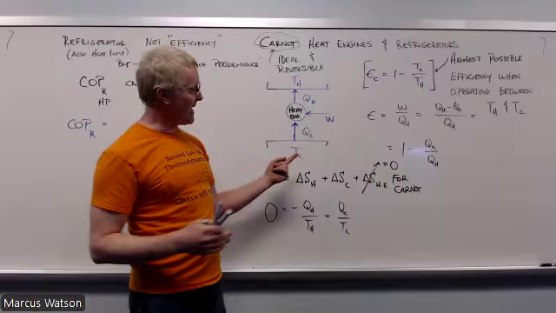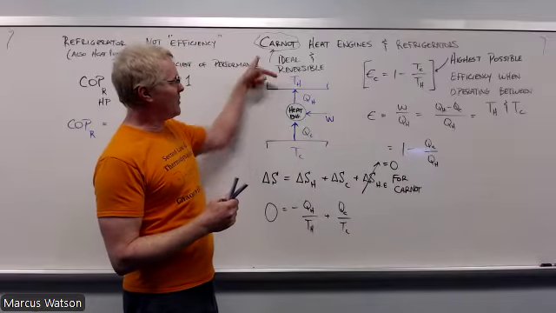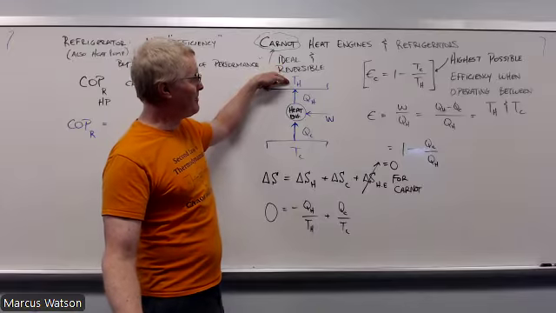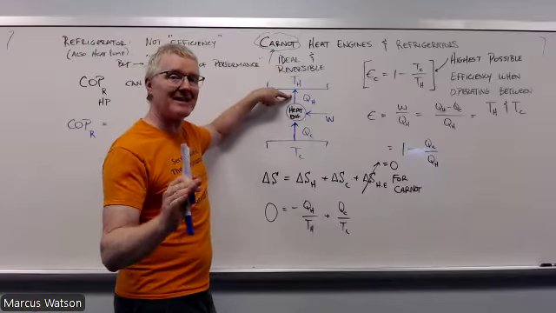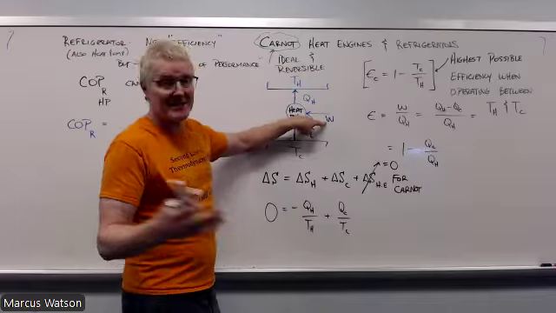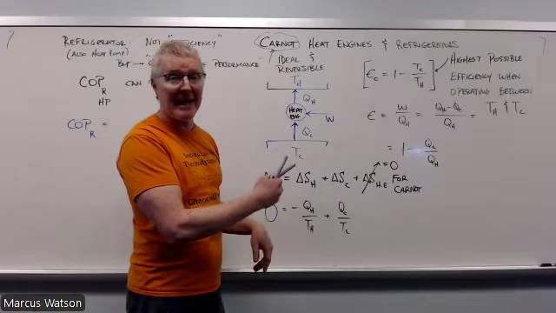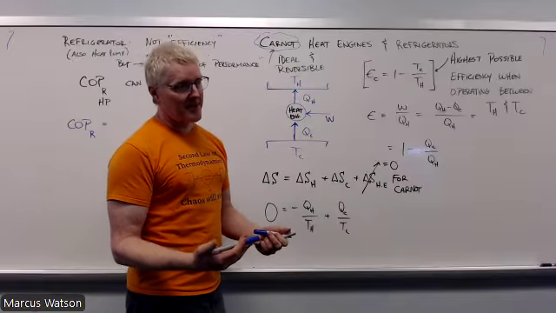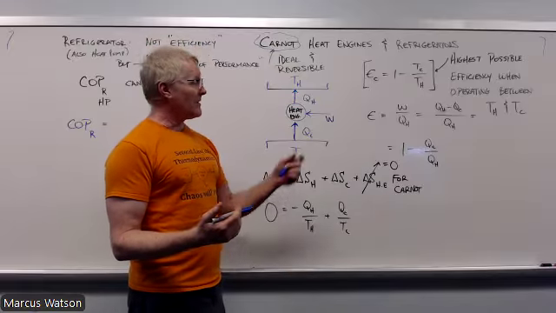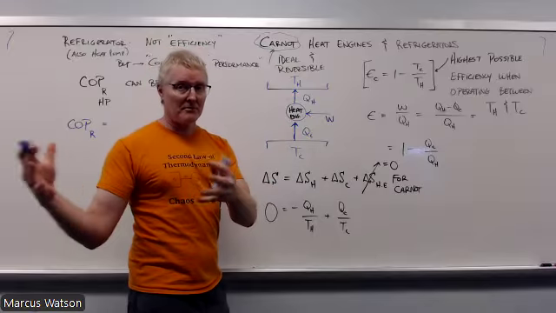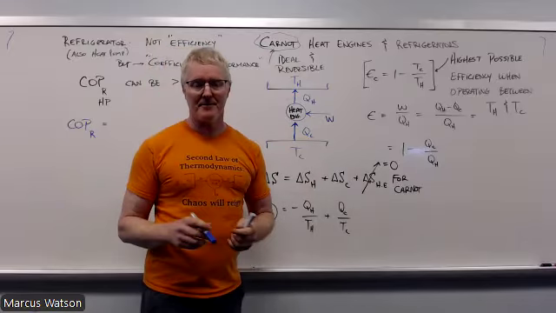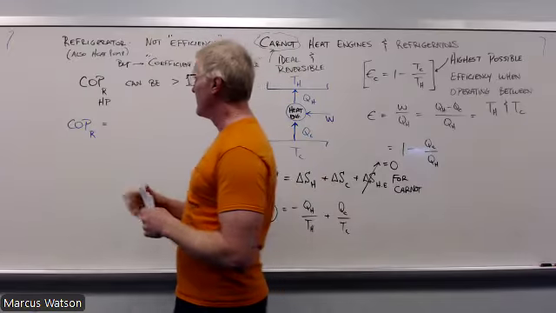If it's cold outside and you want your house to be warm, then you will use what's called a heat pump, and this QH is the thing that you now want. And W is still the thing that you put in order to get that. It's kind of crazy to think about, but the amount of heat that you're moving should be a lot greater than the work that you're putting in to do it. It's kind of a weird thing to think about.